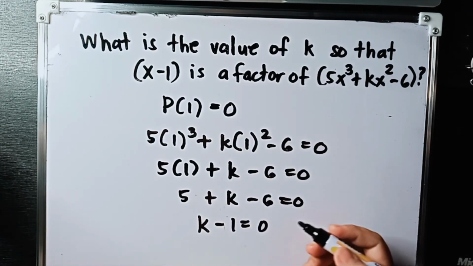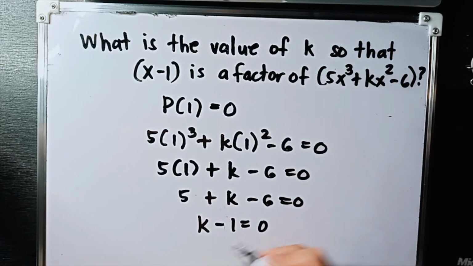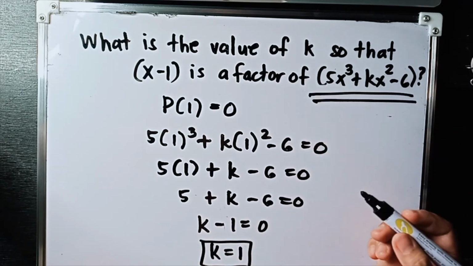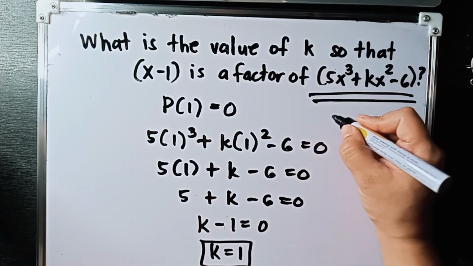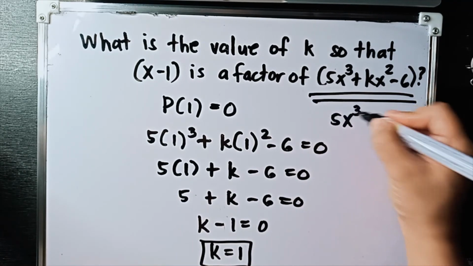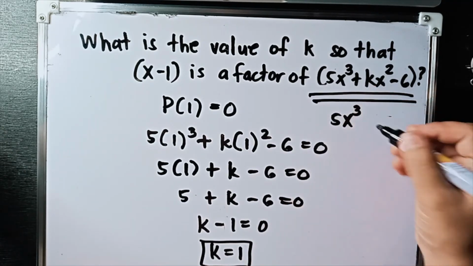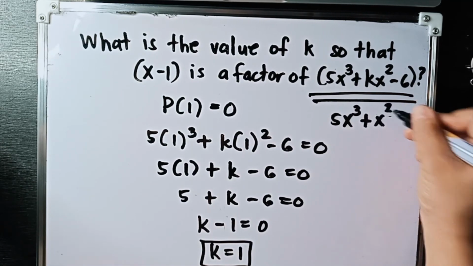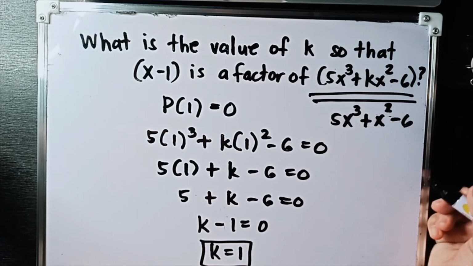And then we transfer the negative 1 to the right side of the equation. So the value of k is positive 1. So to complete this polynomial, it should be 5x cubed, the value of k must be equal to 1, so plus x squared minus 6.